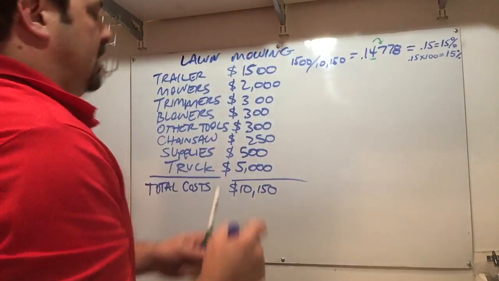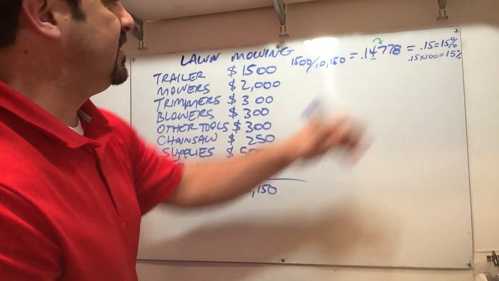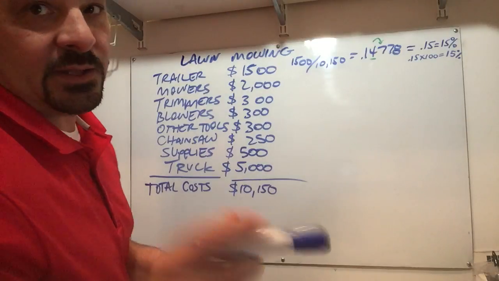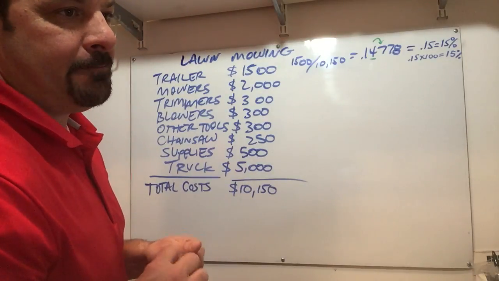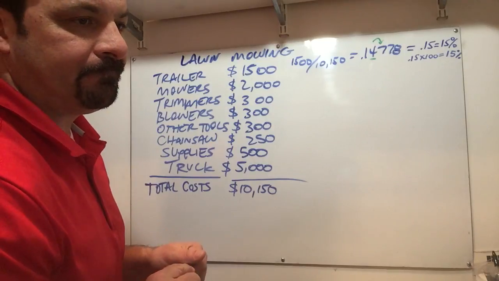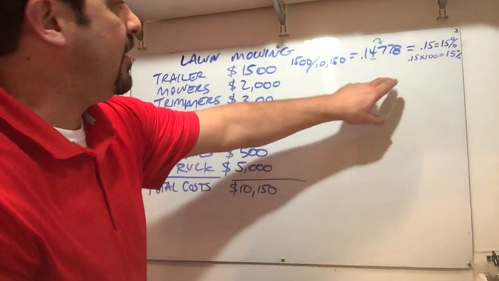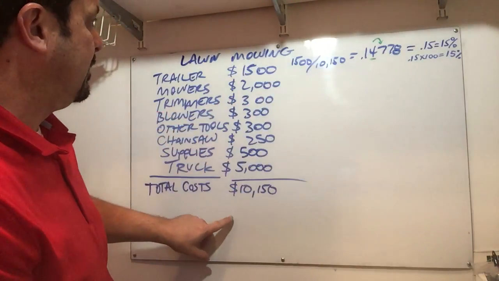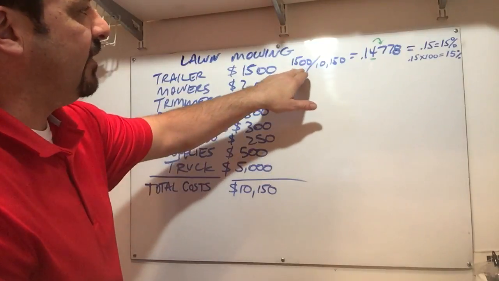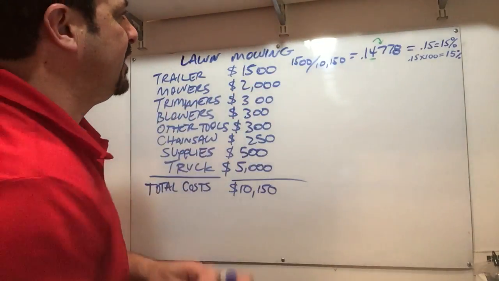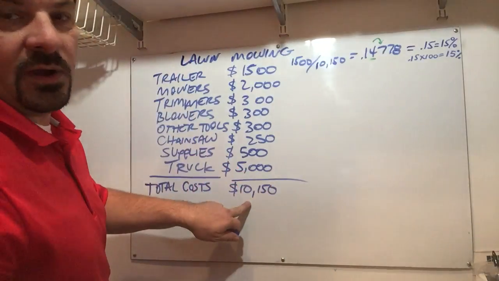So if we were to do the rest of these, well, that's going to be the assignment. You're going to do the rest of these. All right, so that's enough for now. So you need to go out and divide the cost of the trailer. We already did that one. 1,500 divided by 10,150, which is our total cost.